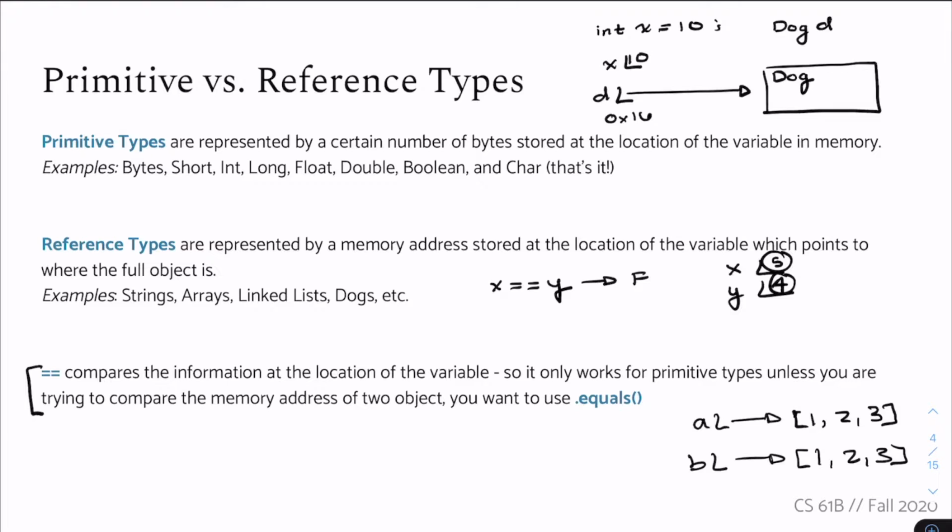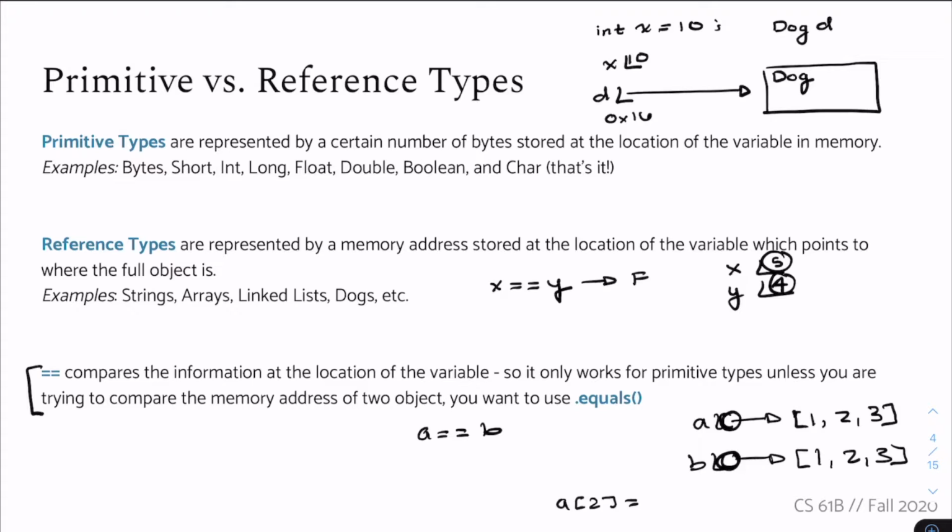So in this case, if we do A equals equals B, what we're comparing is, again, the value in this box. And even though they're pointing at identical objects, because those two objects are different from each other, in that, for instance, if I did A[2] equals 10 suddenly, and this became 10, B would not be affected because they're completely two different objects.